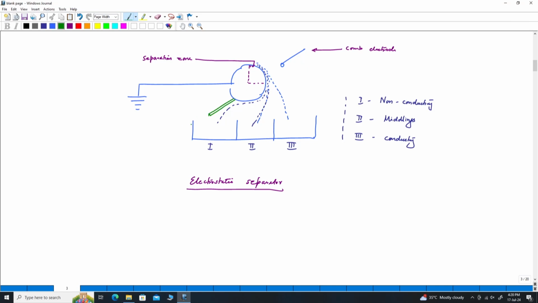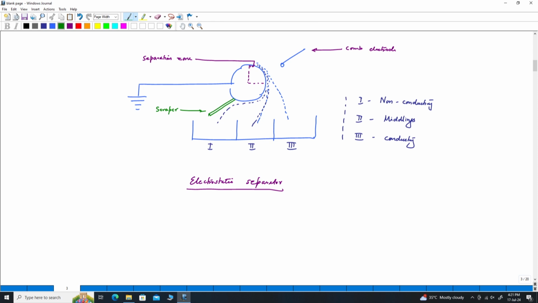So we have a scrubber, scrubbing and scrapping, which helps in removing the material that is still stuck to this separator. So that is getting ejected in bin 1.